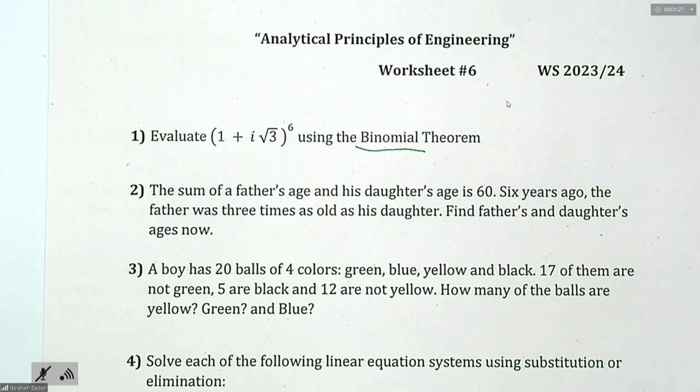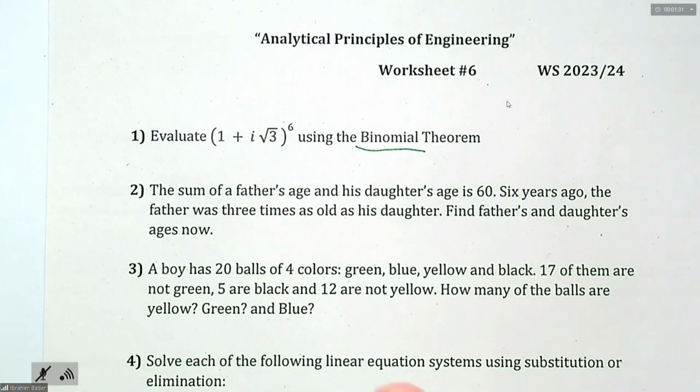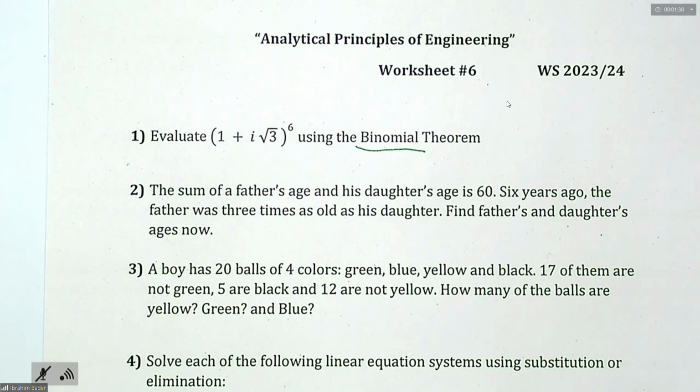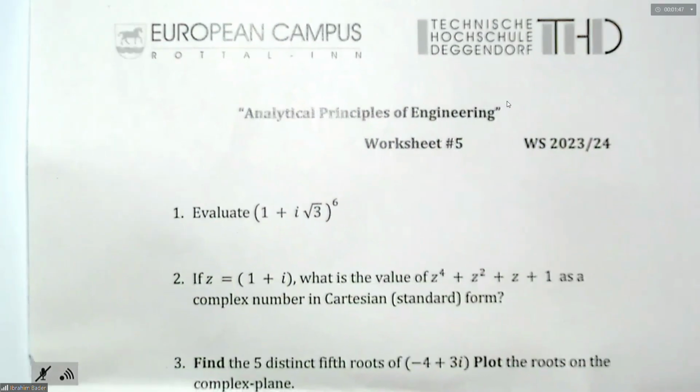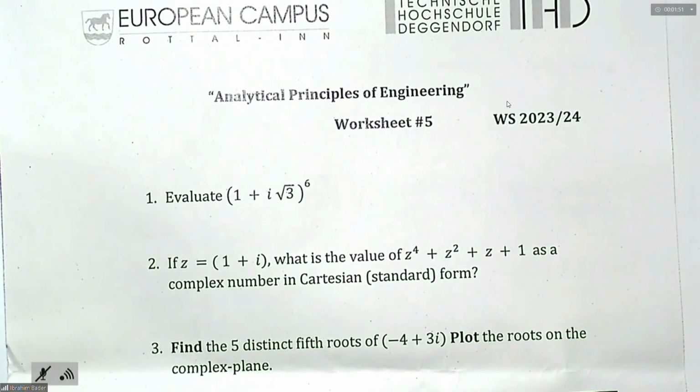Anyone remembers the value of this, the outcome, the result? No one remembers the result of that one? It was also in worksheet number 5. You were not attending last week.